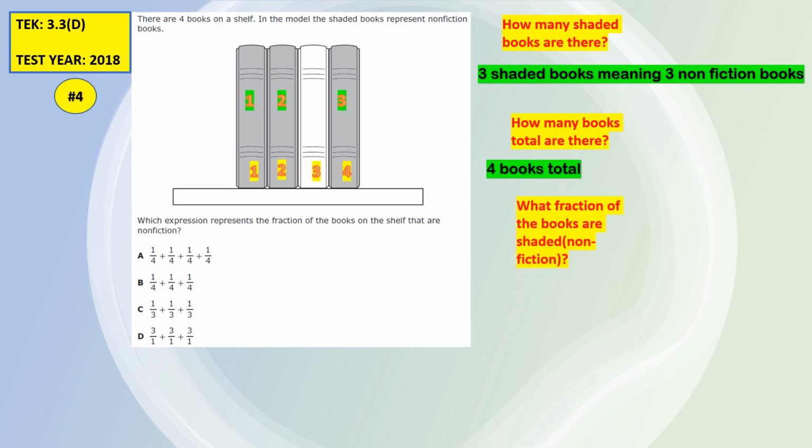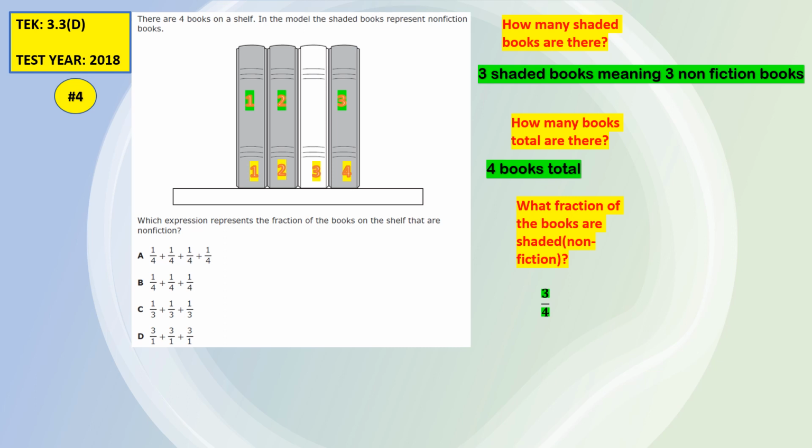So I know that there are 3 shaded books, which means 3 nonfiction books out of the 4 books that are on the shelf. So what fraction of the books are shaded? 3/4, which means I'm looking for the expression that represents 3/4.